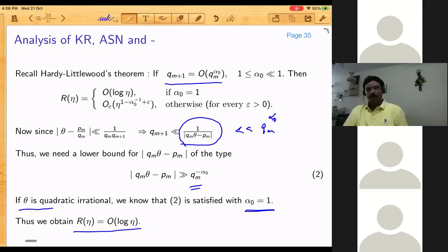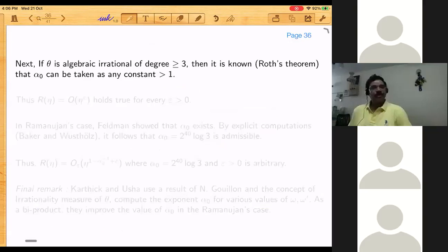Now, if theta is any irrational of degree at least 3, then the theorem of Roth says that alpha naught can be taken to be any constant bigger than 1. And that immediately gives, by using Hardy-Littlewood's theorem, that R eta is bounded by O of eta to the power epsilon for every epsilon positive.